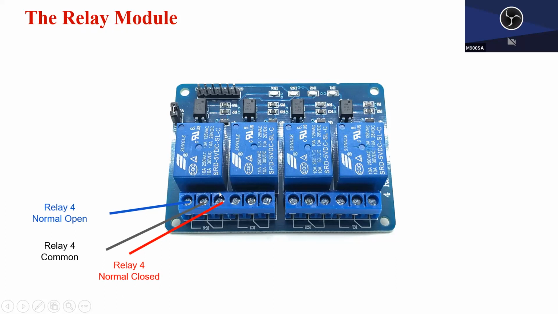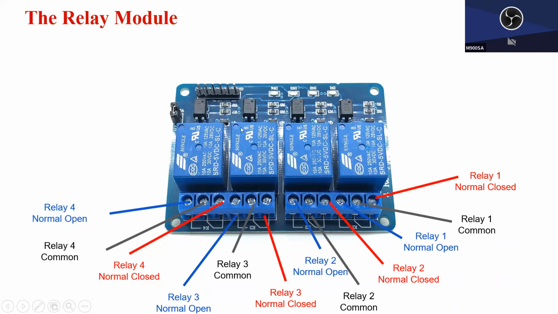And below each relay, we have a number. Looking from your left hand side, it's number 4, number 3, 2, and 1. And looking from the top of it, these we call GPIO pins. And these GPIO pins will give the signal to the relay.